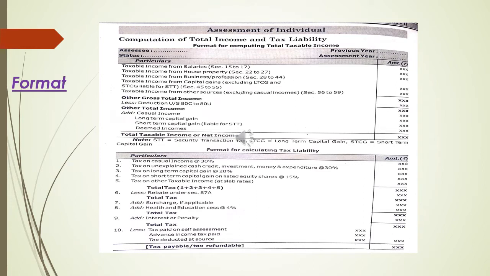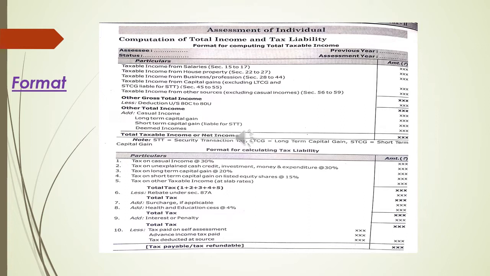So except these, we have to add all 5 heads of income, which is called gross total income. From this gross total income, we have to give deductions under section 80C to 80U. Then we will arrive at the total taxable income, but this will be excluding the 3 which we excluded previously.